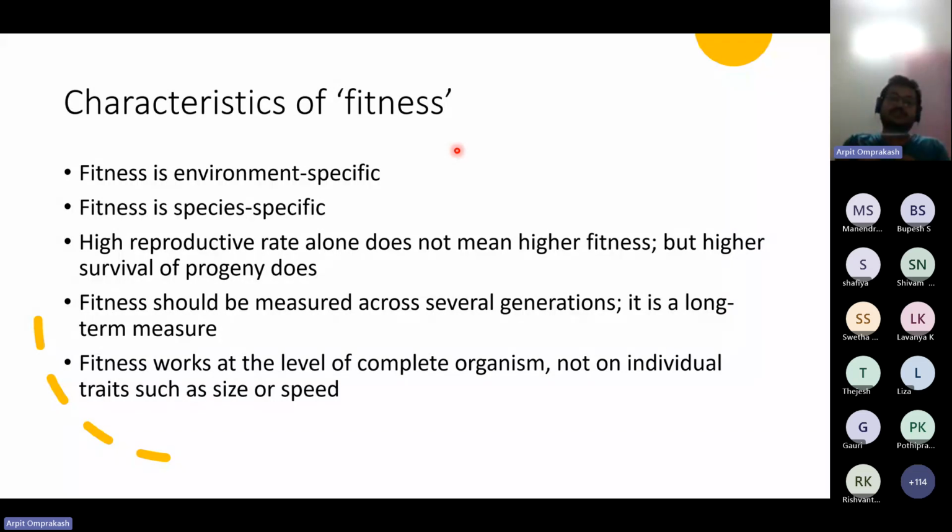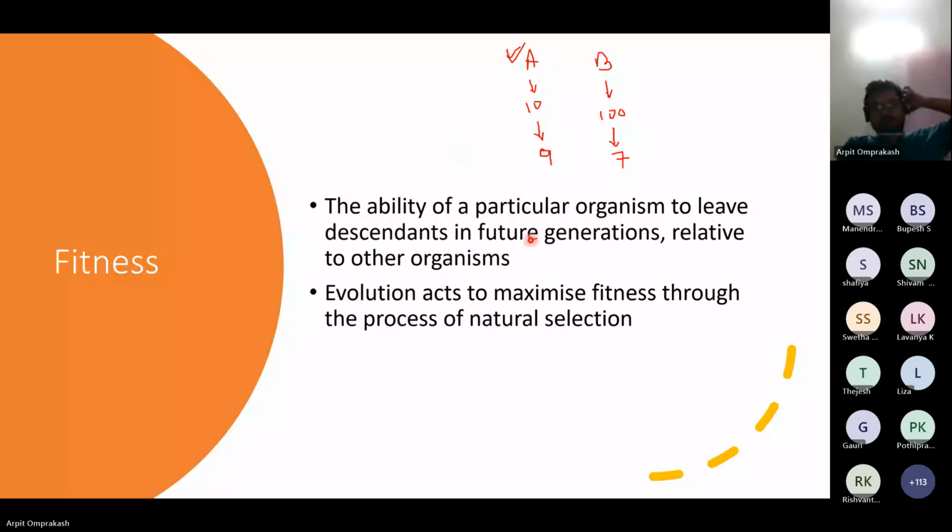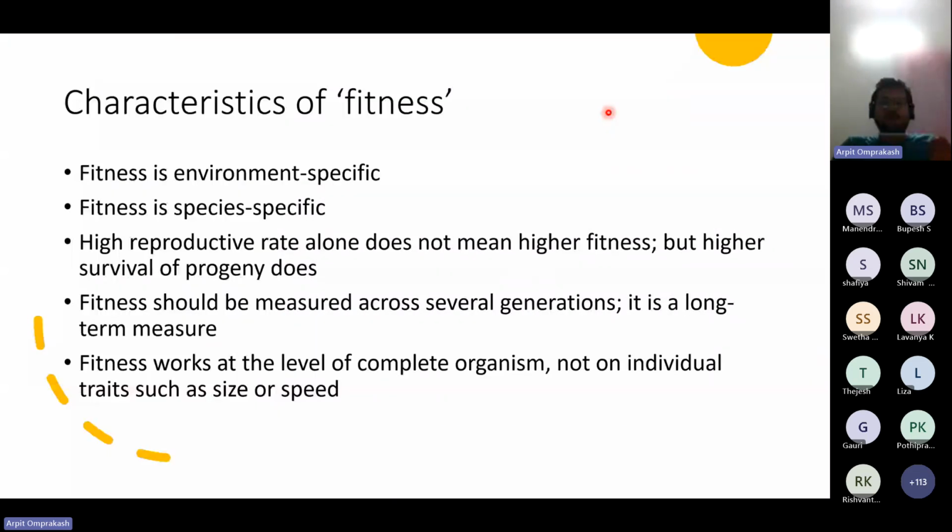The second thing is fitness is species specific. So one species will have a certain amount of fitness, whereas another species will have a different amount of fitness. The third point, as we saw before also, is that a higher reproductive rate does not mean higher fitness, but higher survival of progeny does. So here, B has a higher reproductive rate because it can produce 100 organisms, whereas A can produce only 10.